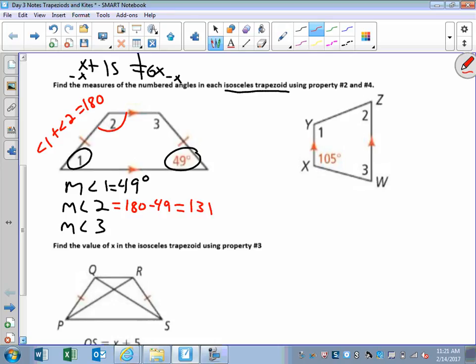So angle 2 is equal to 131. Now this is also a base, so 2 and 3 are the same base angles. So if angle 2 is 131, then angle 3 is going to have to be 131 as well, because they have to be the same. So we got 131, 131, 49.